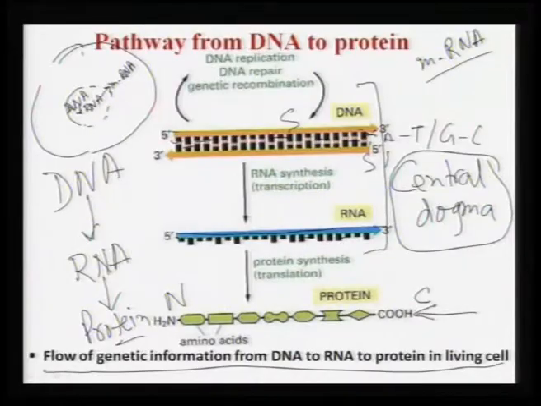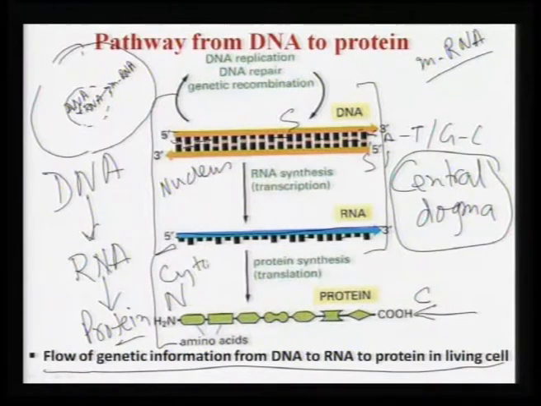You understand the whole process? Up to the process of DNA to RNA, this all takes place in the nucleus. RNA to protein synthesis all takes place in the cytoplasm.